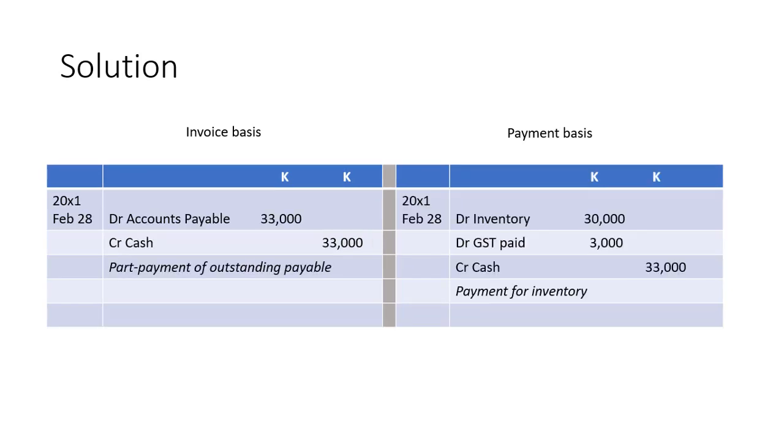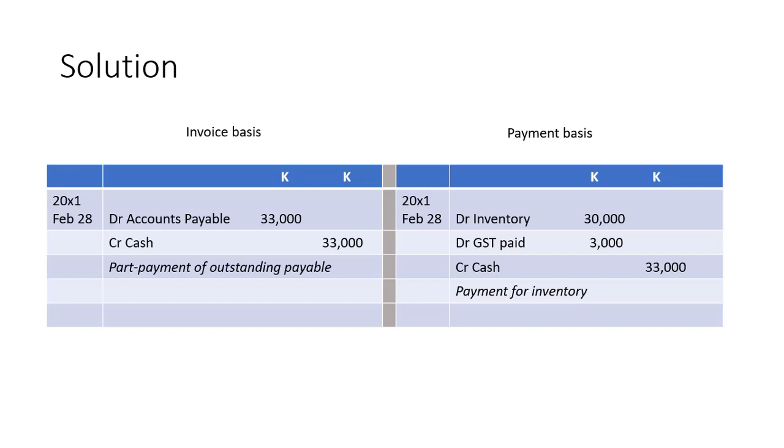Now on 28th, we paid the amount. Partly paid DEF, we have debit accounts payable 33,000 kina, and then credit cash 33,000. Now if you notice in payment basis, we have just recorded the inventory 30,000 and then GST paid 3,000.